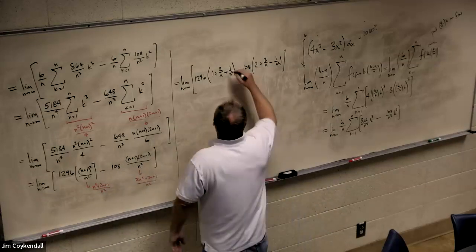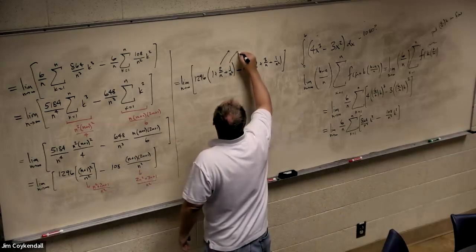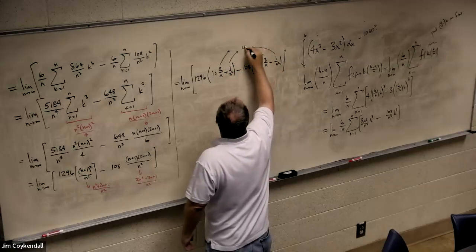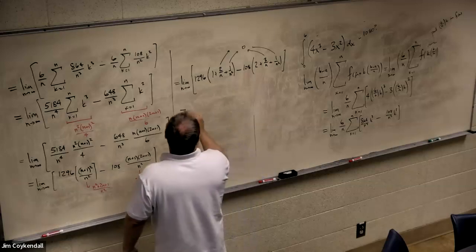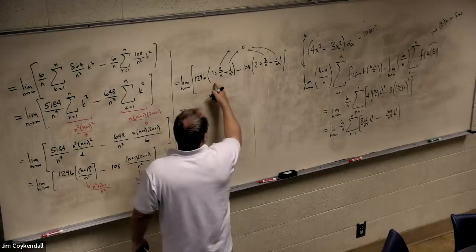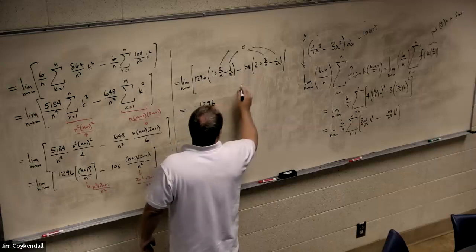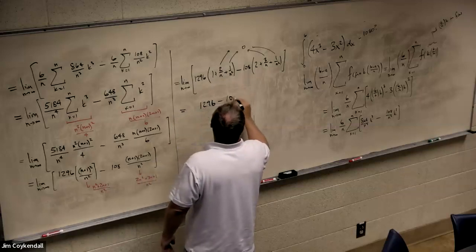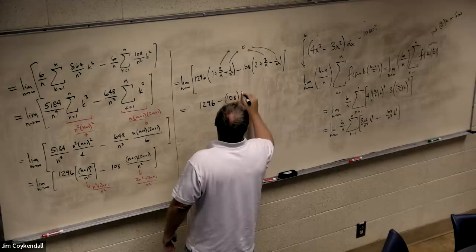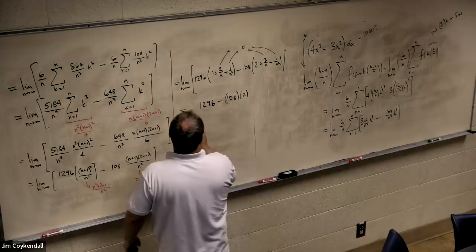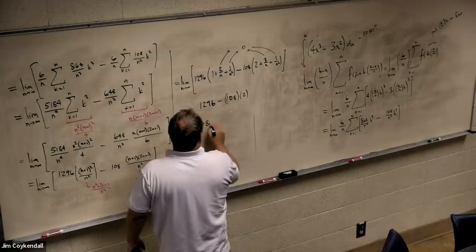Now, as n goes to infinity, this goes to 0, this goes to 0, this goes to 0, and this goes to 0. So what am I left with? 1296 times 1 minus 108 times 2. That's 216. So 1,080.